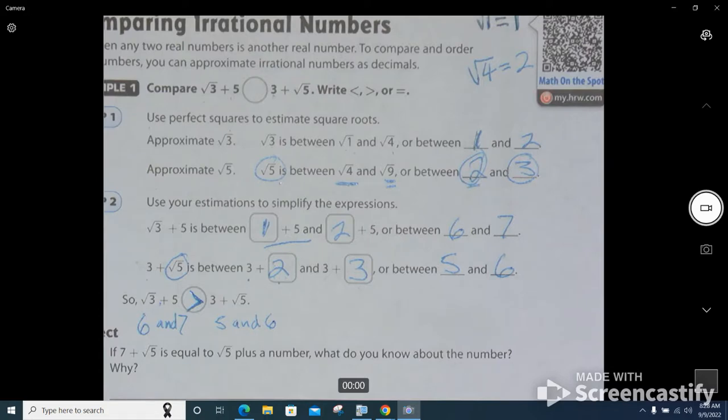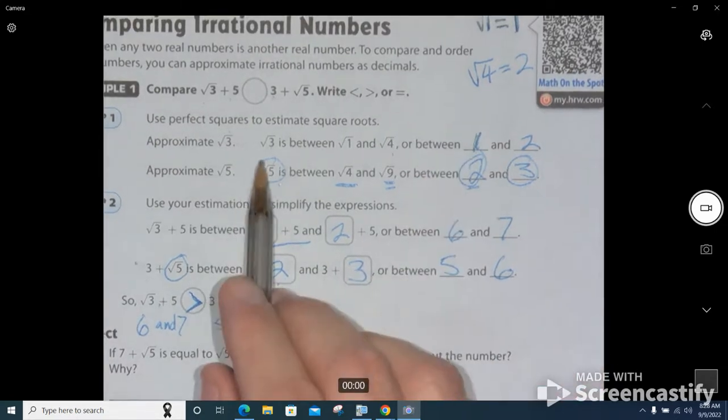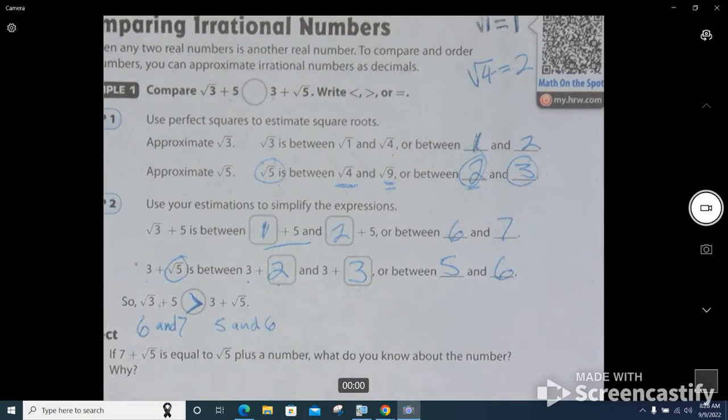We don't know what the actual values are. So what we're trying to determine is which one is bigger and which one's smaller. One way that we could do that is just guess where they live. We're trying to approximate what the value is. And we did this in the previous example from the last section.